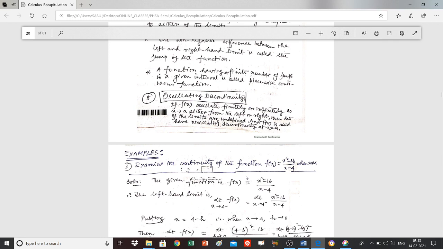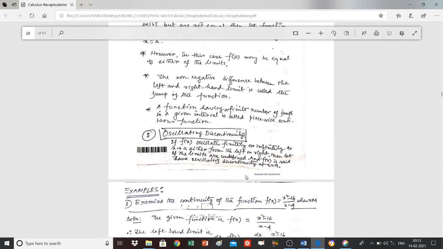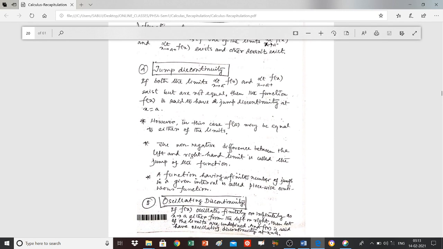So this is the definition of oscillating discontinuity, and we learned different kinds of discontinuity in this section.